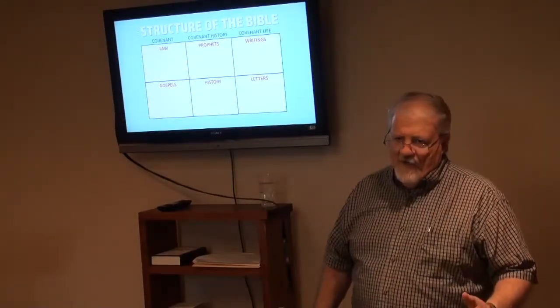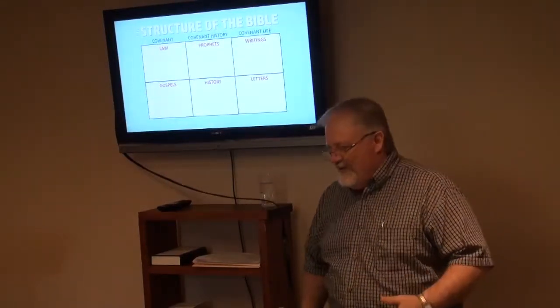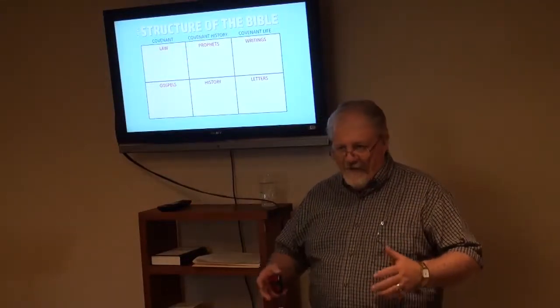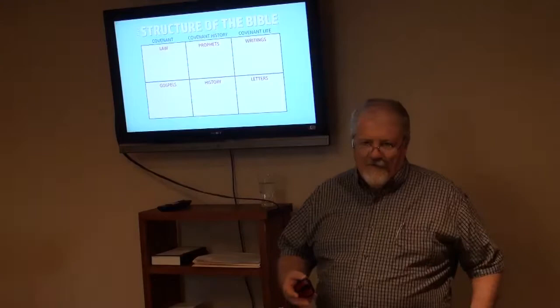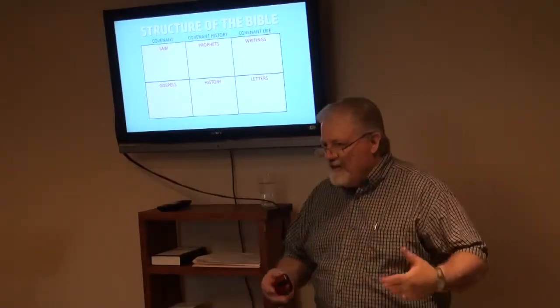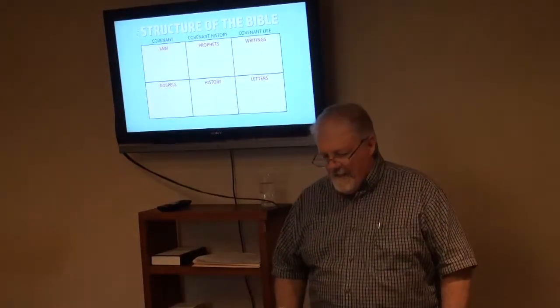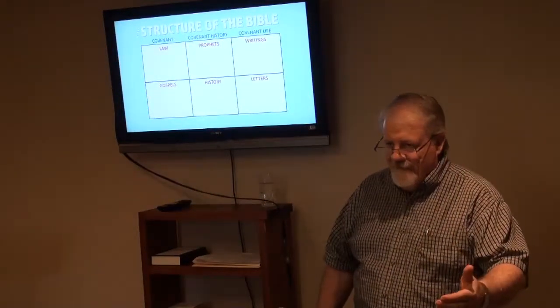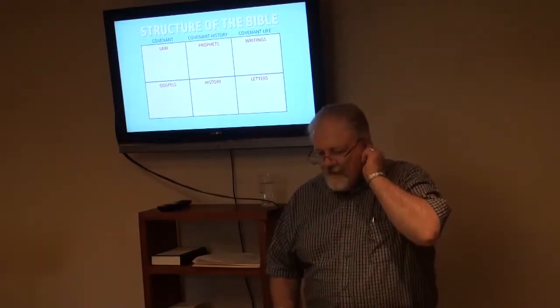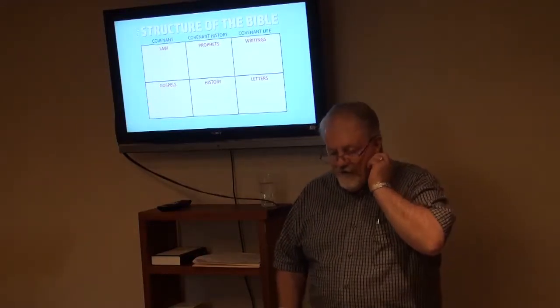And for the time being, we're going to call them Gospels, History, and Letters. And you can see that, right? You can understand that. And it's not a whole lot different from the way we have traditionally said that the New Testament is divided. Does all this make sense? Okay, good. So again, I'm going to prove this to you later.